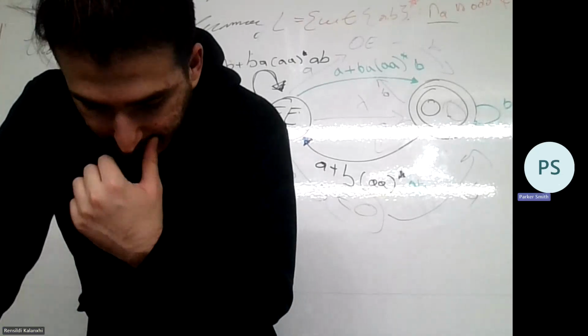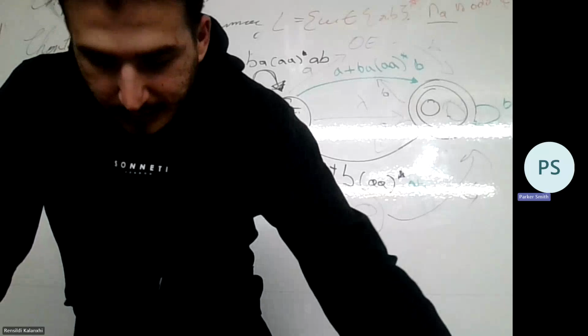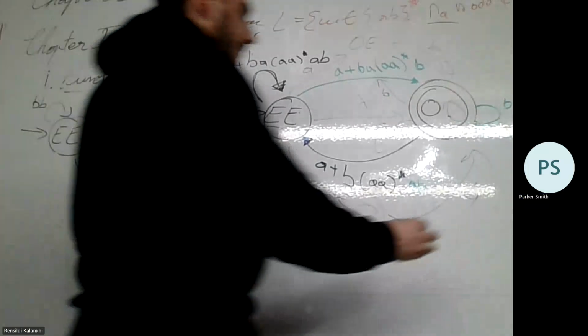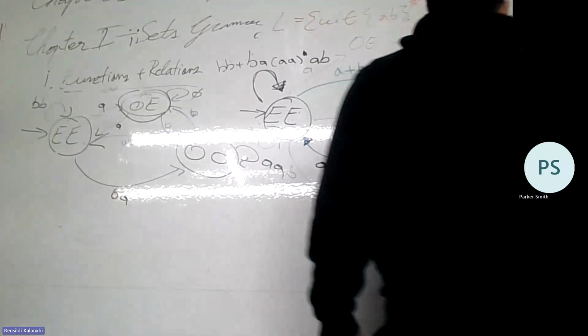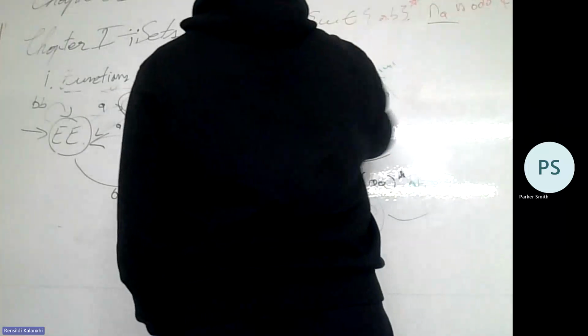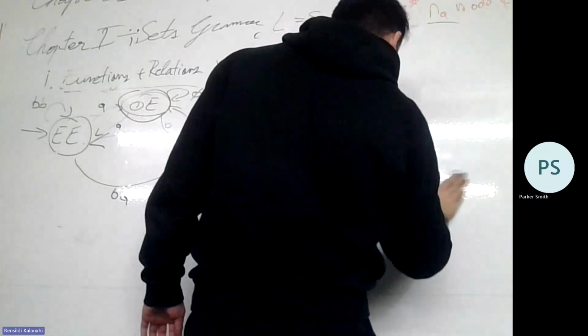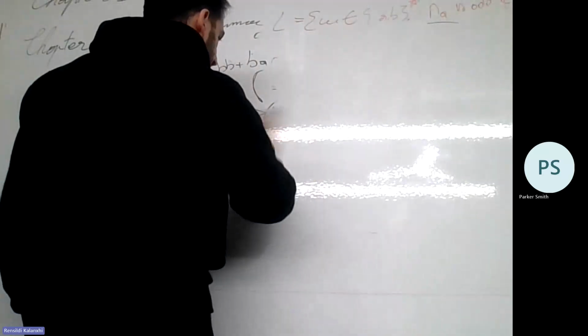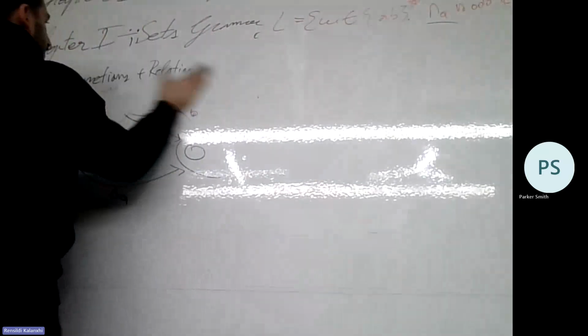What did your answer end up looking like for this one? Oh, I can write it. It was Q0 to Q1, Q2, and then Q0, Q1, and then Q1, Q2, and then Q2, something like that.